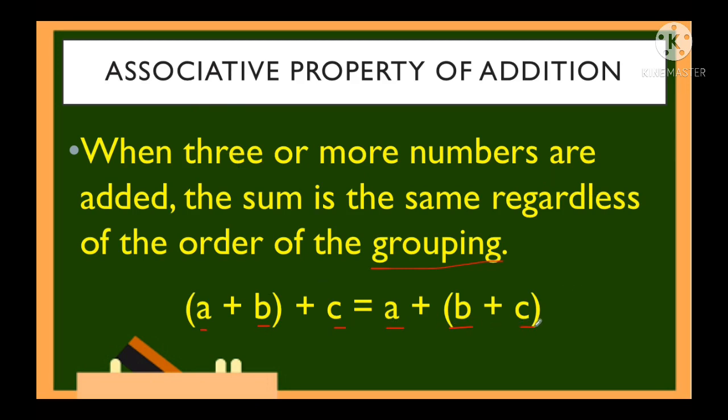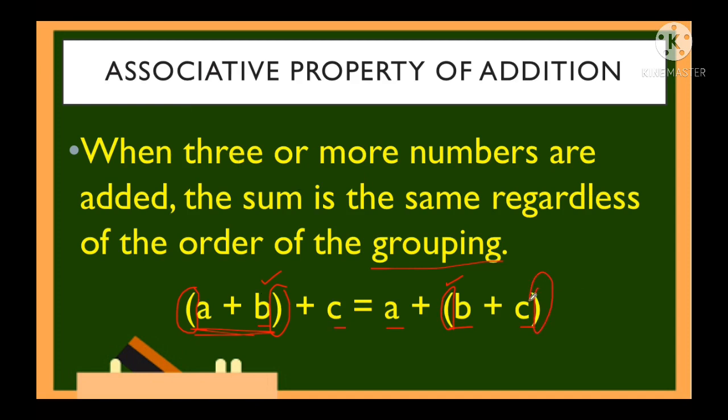The only difference between these two is the parenthesis. This is called parenthesis. The parenthesis of the first equation is on the first two numbers. And the parenthesis of the second equation is on the second and third number.